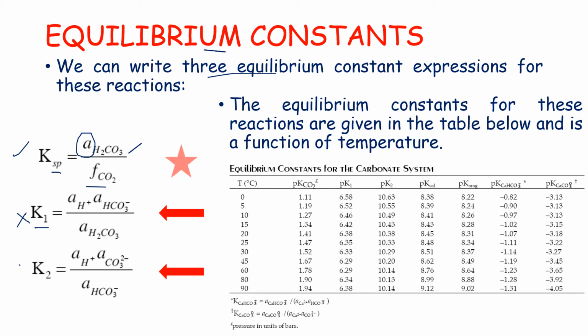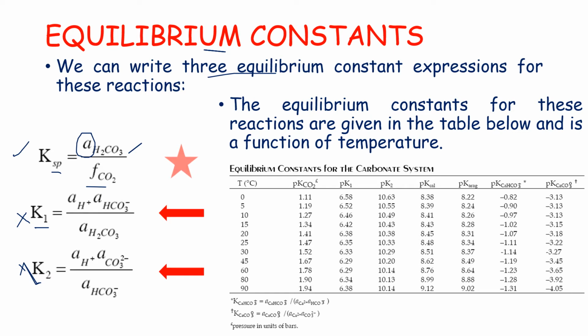The second equilibrium constant K2 is given as activity of H plus into activity of CO3 2 minus, which is carbonate, over activity of HCO3 minus or bicarbonate. Now these equilibrium constants you have to remember, because then you translate them into reactions which are, for example, summarized in the table below as a function of temperature.